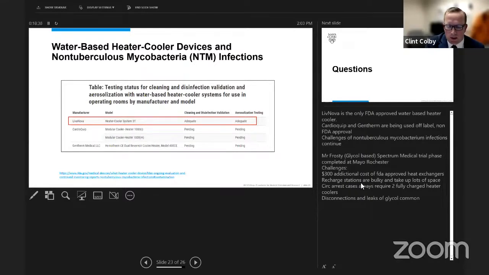Increased prime volumes are another consideration. Another thing to consider is that the glycol has to be recharged after every single use. It's equal in size to a heater cooler, so every time you use one, you have to go hook it up and recharge it. And that is very big.